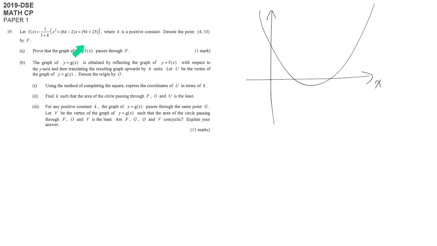We have to prove that this line always passes through this point no matter what k is. So we consider when x is equal to 4, then f(x) is equal to 1 over 1 plus k.